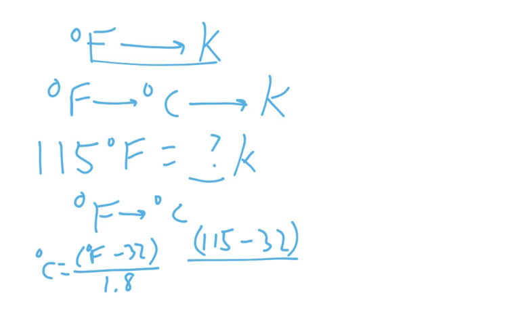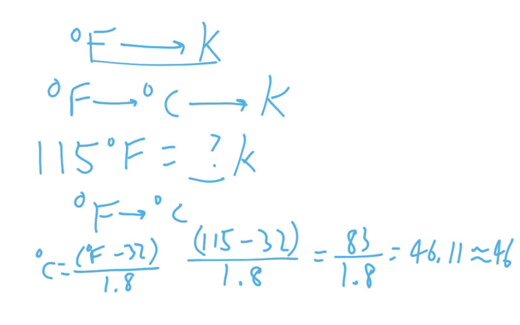We do that first because it's in parentheses, and then we'll divide by 1.8. Once you subtract, you get a numerator of 83, and then we divide that by 1.8. And I get 46.11 and change. I'm going to round that already to 46 since we have two significant digits there from the formula. Okay, so we got 46.